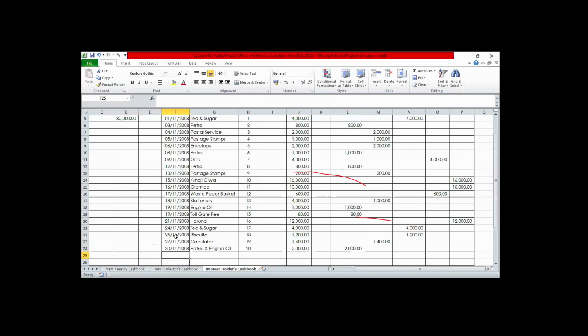What else again? November 30th, servicing of official car, 1,200.